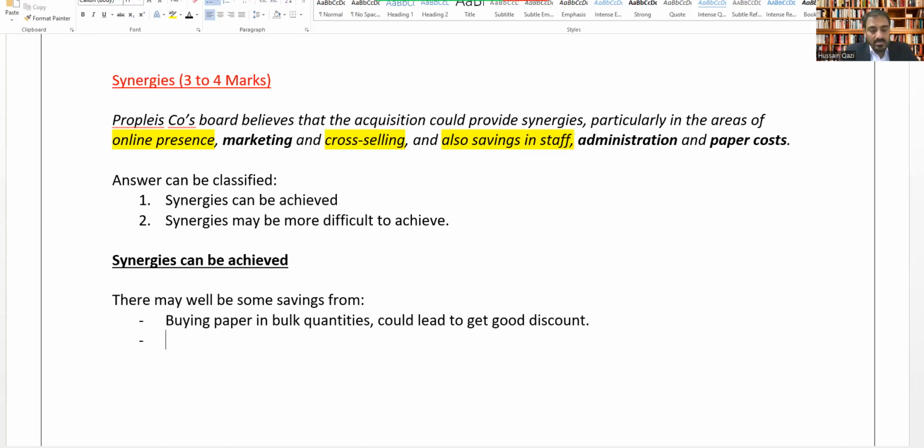Number one, you can say removing duplication of administration functions. Yes.